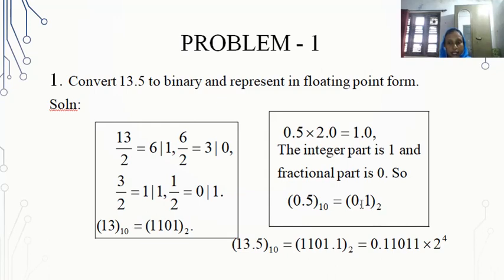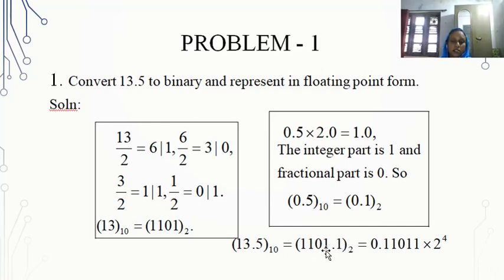This is the binary point. If we add these two, you get 13.5 base 10 equal to 1101.1 base 2.